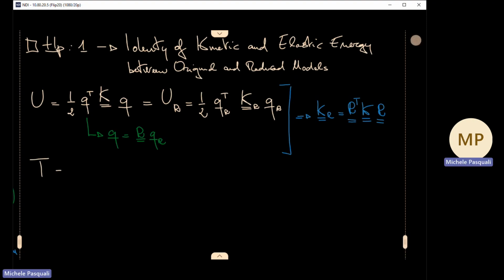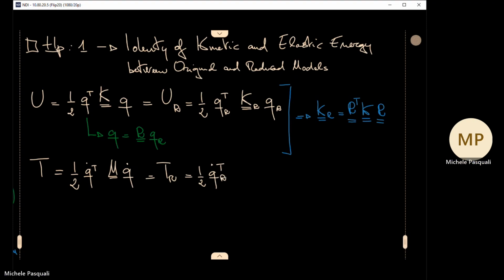So T, which is 1 over 2 of Q dot transposed times M times Q dot, and that's it, must be equal to T reduced, which is, again, M_R Q_R.